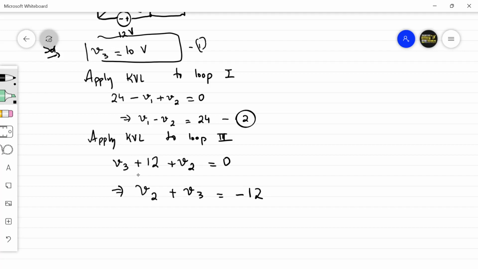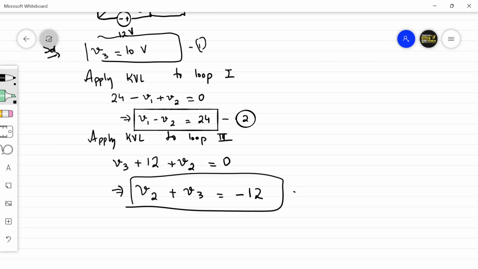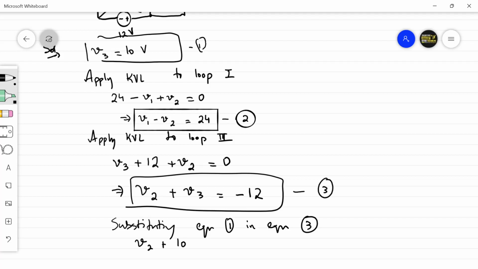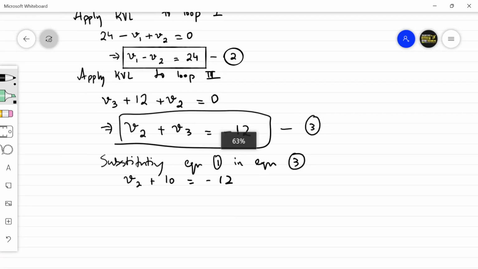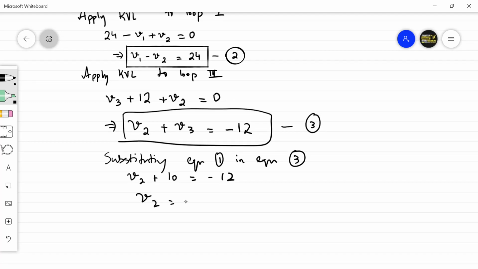This is our third equation. Substituting equation number 1 in equation number 3, we get V2 plus 10 is equal to minus 12, or we can say that V2 is equal to minus 22 volts. So this is equation number 4.